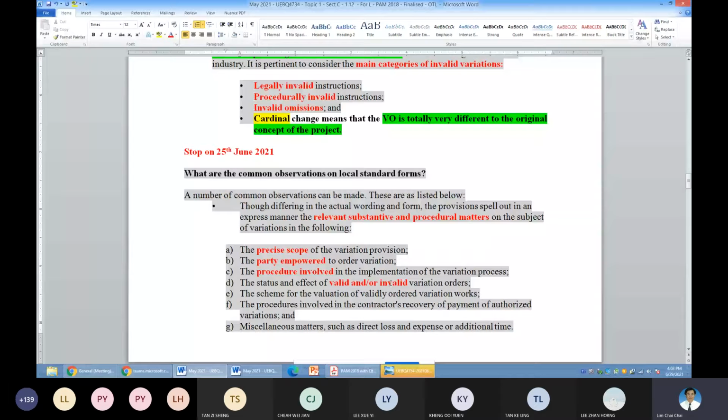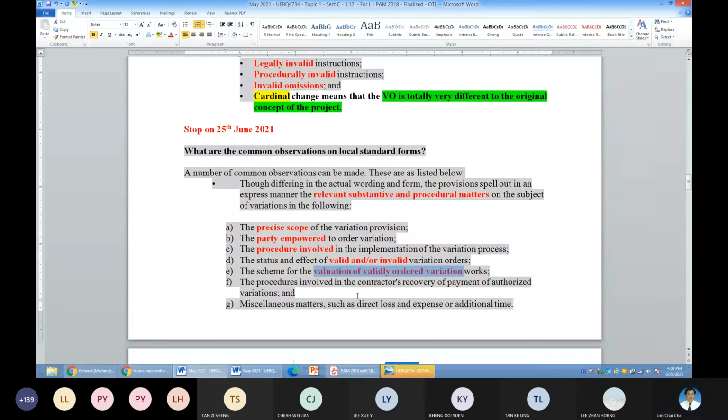Next, if it's valid, then how to evaluate the amount or the quantity. This is the valuation. And then the procedures for the contractor to get paid.